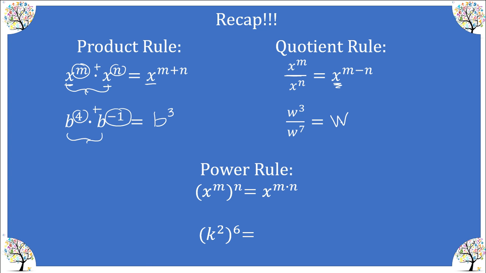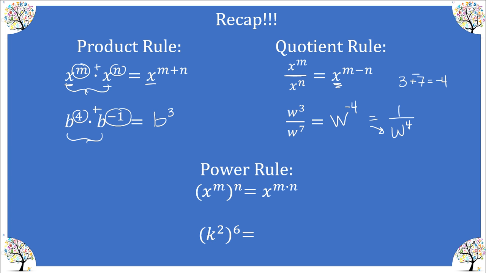I have a single w now instead of two w's, and I have the rule which says 3 minus 7, and this gives us, if you like to do keep, change, negative 4. Now we can't leave w to the negative 4, so our negative rule said that we need to make it into a fraction, and when we put the w to the negative 4 into the denominator, that takes off the negative on the exponent.